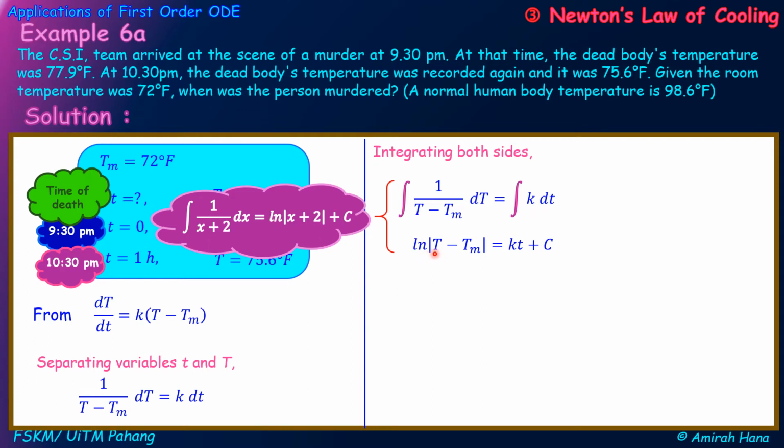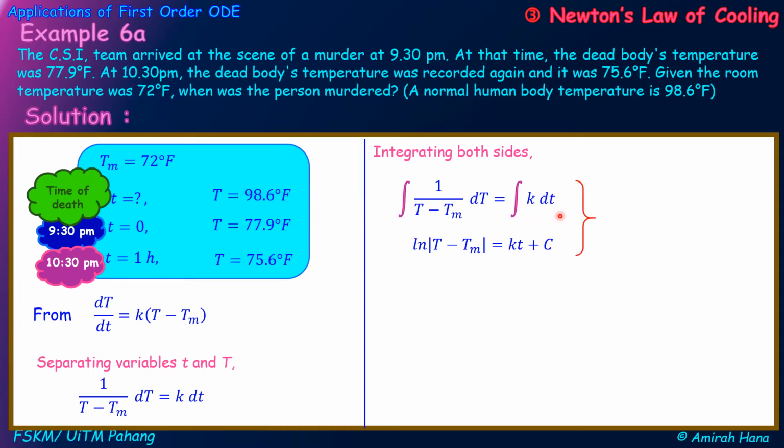So the answer equals ln of (T minus Tm) plus C, and we just put plus C on one side only. To integrate k dt, we can refer to the integral of 2 dx, where 2 is constant, which equals 2x plus c. So integrating constant k dt gives kt plus c.